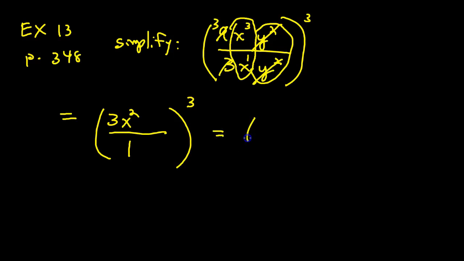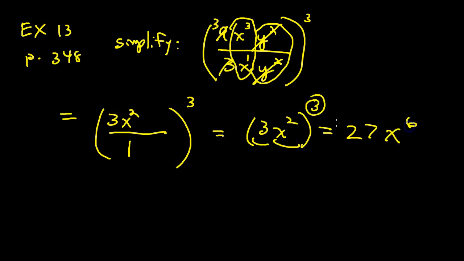Dividing by 1 is redundant, so I can really say this is 3x squared to the 3rd power, and now I will invoke my expanded power rule for products here. 3 cubed is 27, and x squared cubed is x to the 6th power.